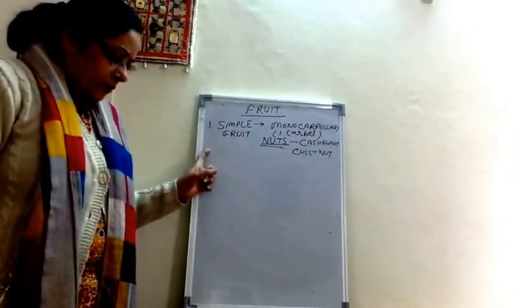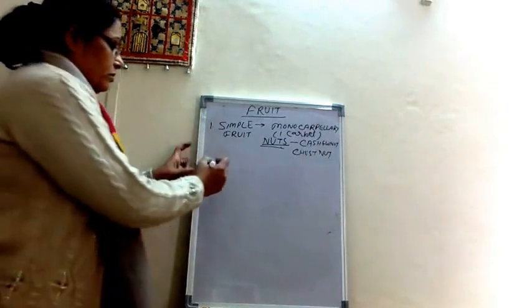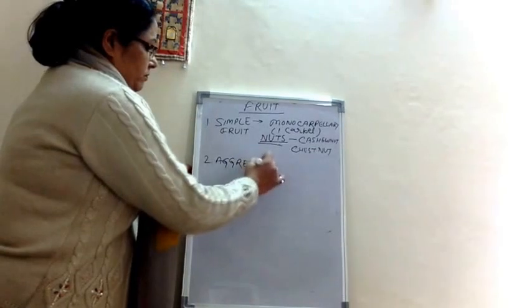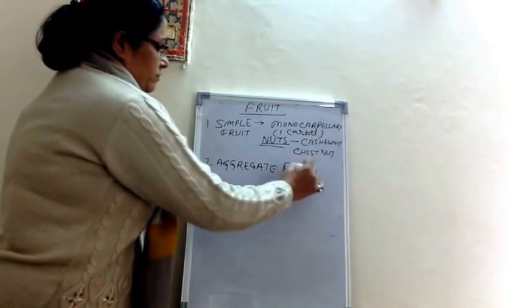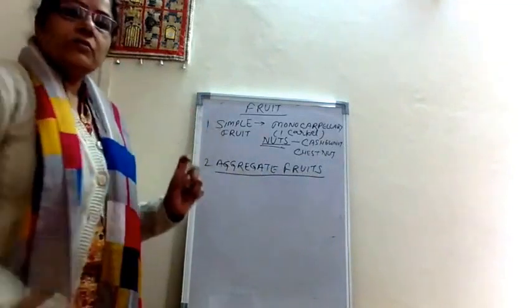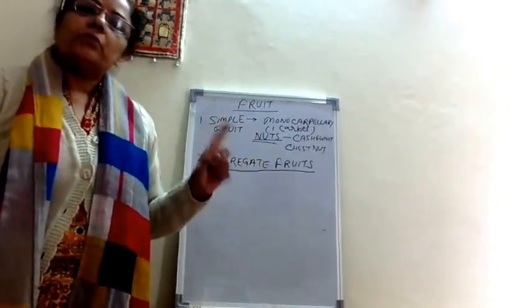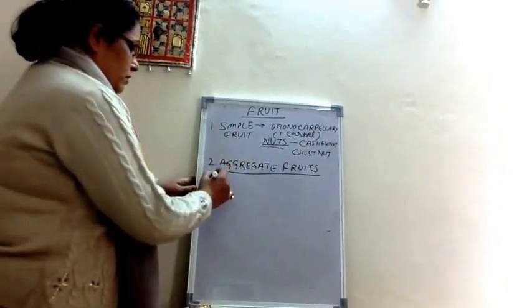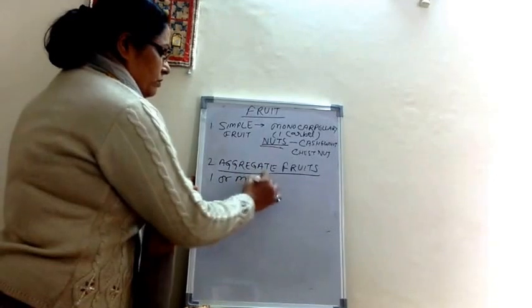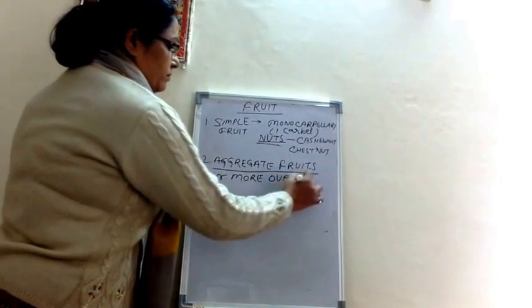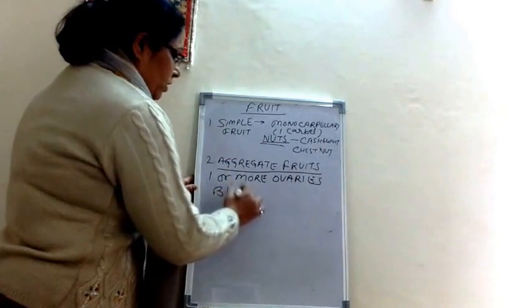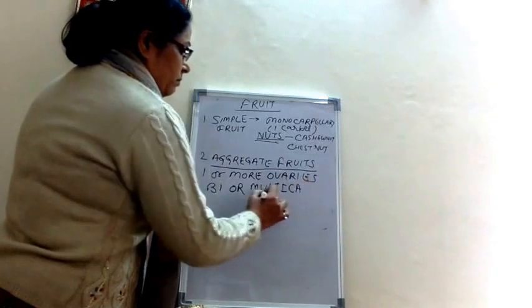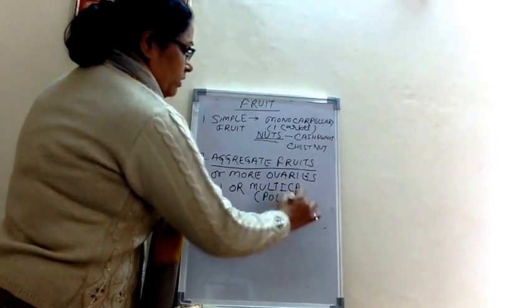Then the second type of fruits is aggregate fruit. Aggregate fruits develop from bi or polycarpellary condition, meaning one or more ovaries are there, bi or multi carpellary condition.